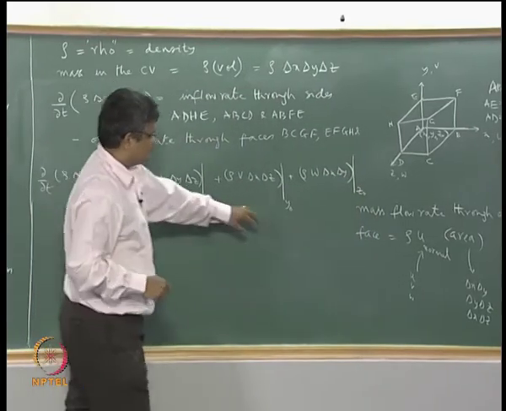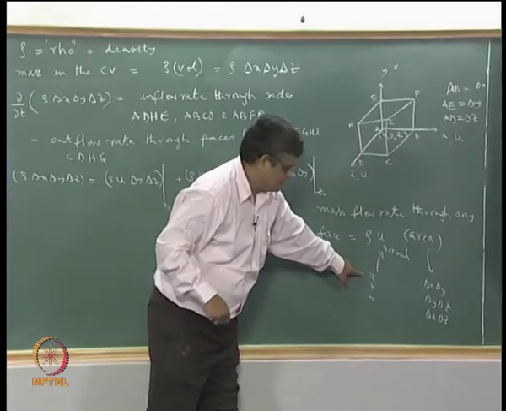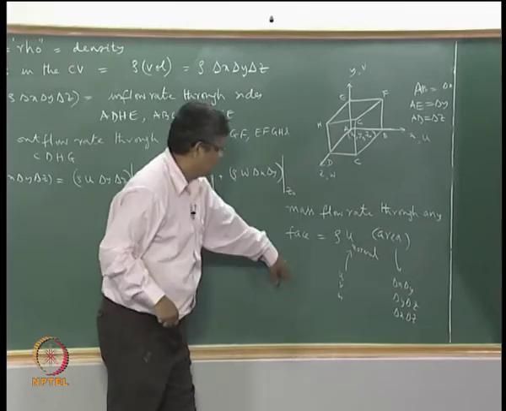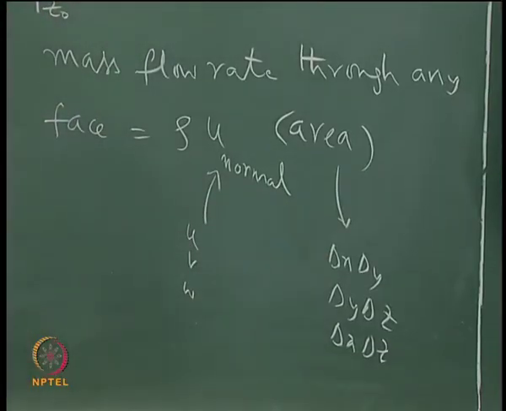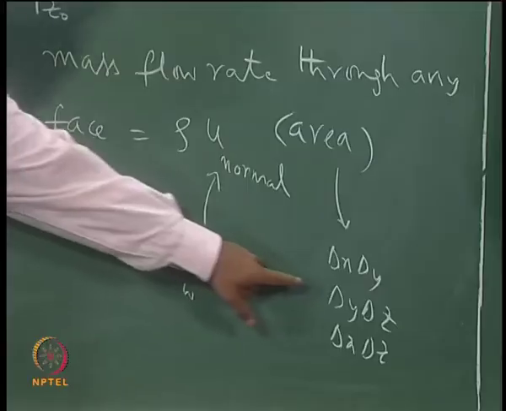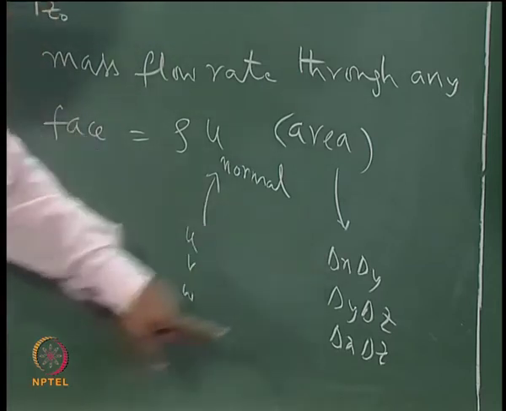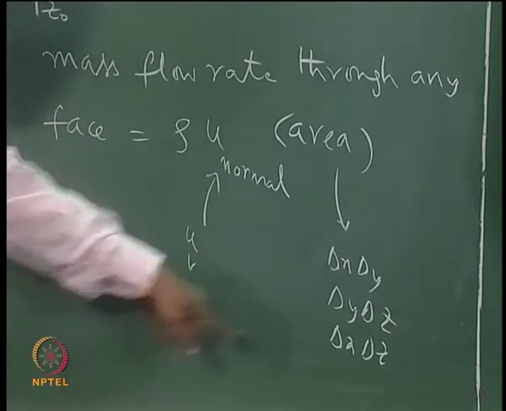Okay. So we can see when we talk about the mass flow rate being given by one of these three velocity components u, v, w and one of these area components. For example, here we are taking u velocity and delta y delta z, and here we are taking v velocity and delta x delta z, and w velocity like this.